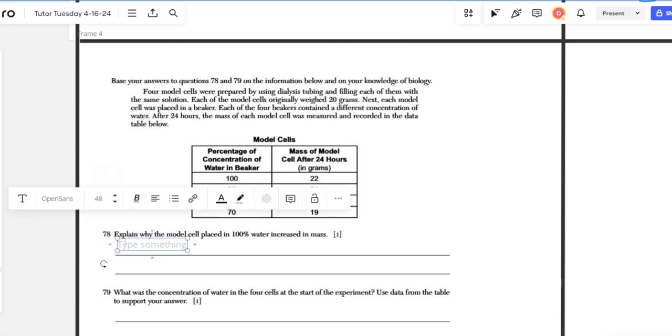In my knowledge of biology, there's something called osmosis. And if the concentration of water is higher either inside or outside the cell, that it's going to want to either release or take in water.